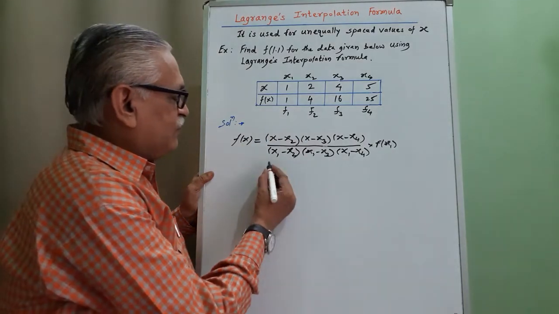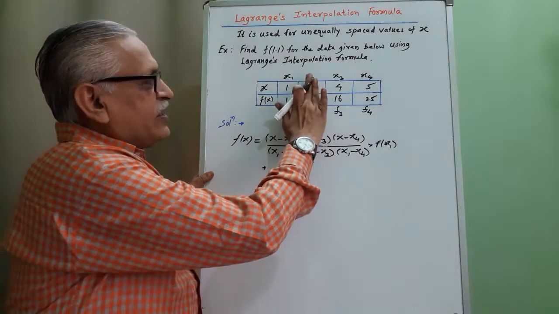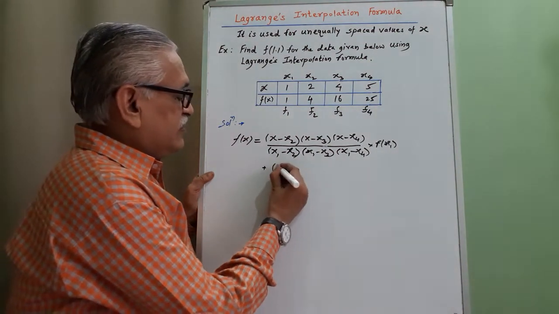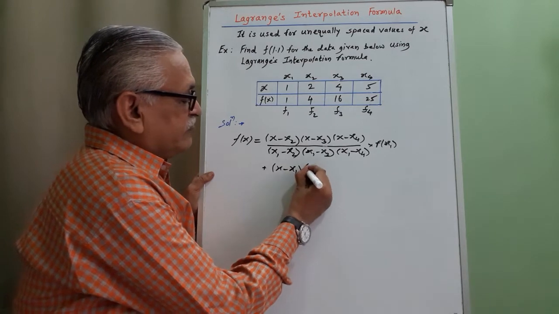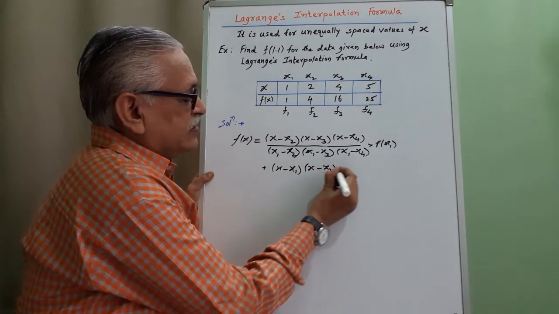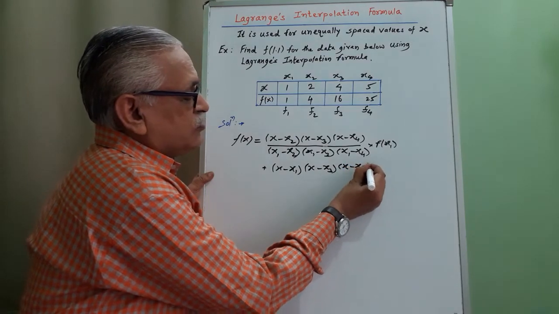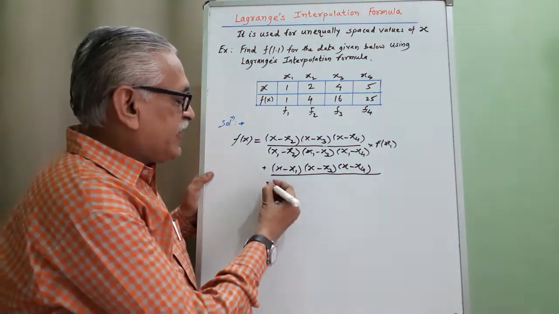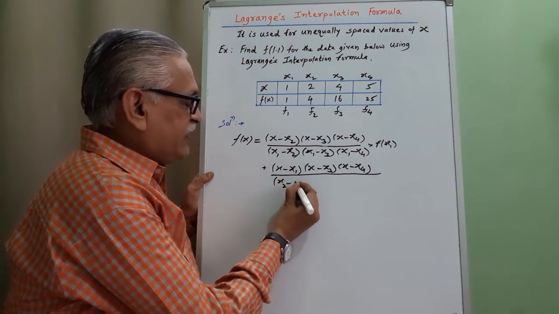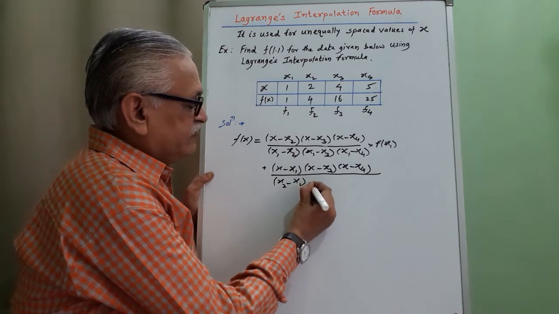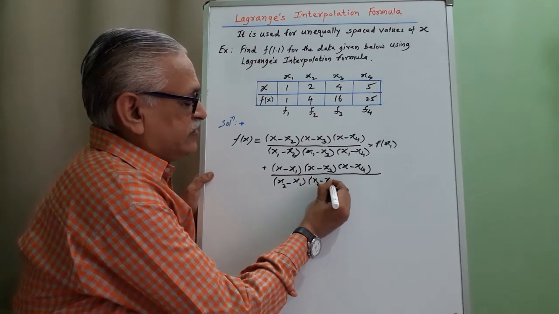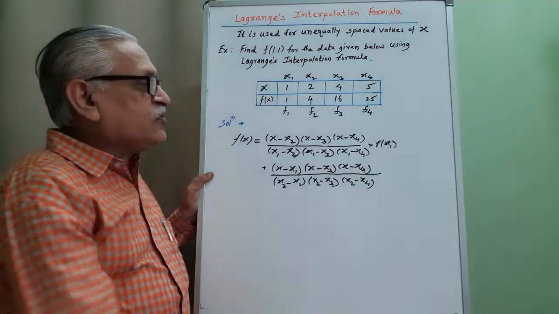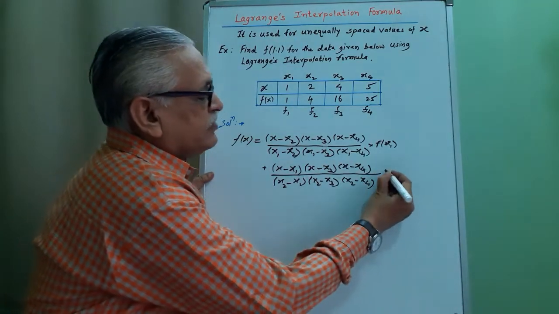Then plus, the second time we neglect the second point x2 and write down the product for the remaining points as x minus x1, x minus x3, x minus x4, divided by the point we have neglected, considered here: x2 minus x1, x2 minus x3 and x2 minus x4, into f2, meaning f of x2.